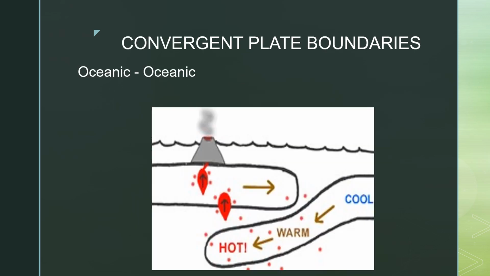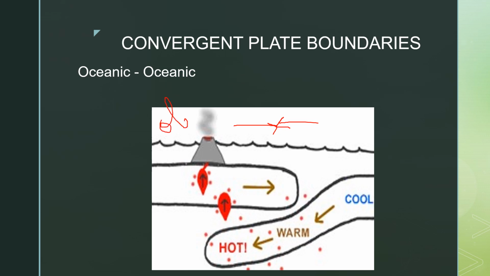Coming over to the next. The next one is oceanic oceanic convergence. So if we take the example where both the plates are oceanic and they are also converging in this way, now both plates have high density, but the one which is older has more density.